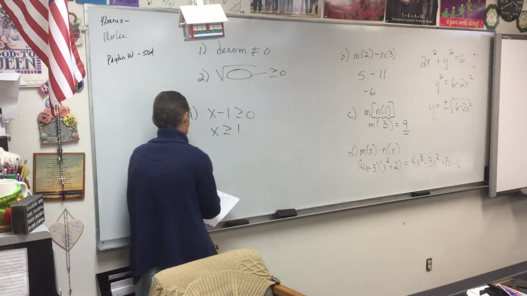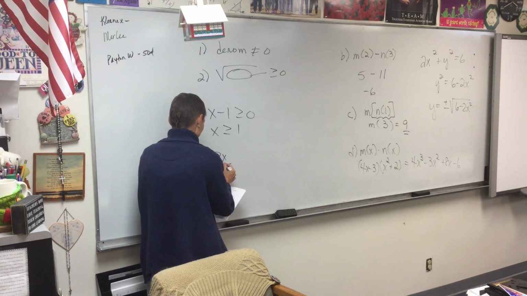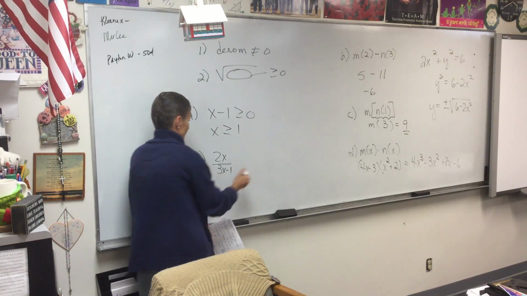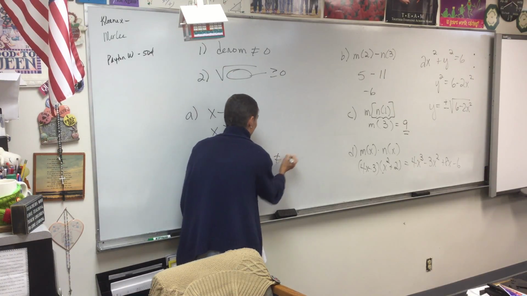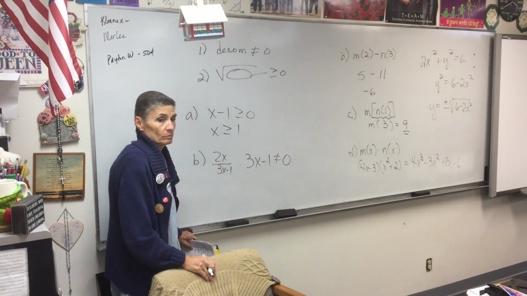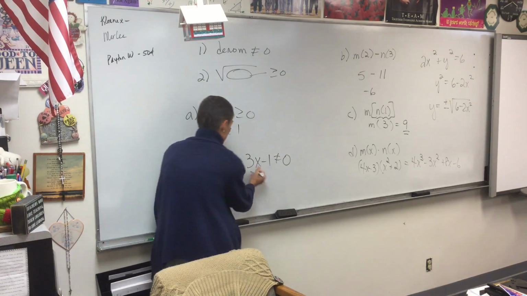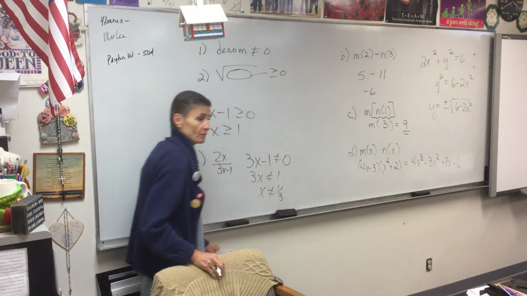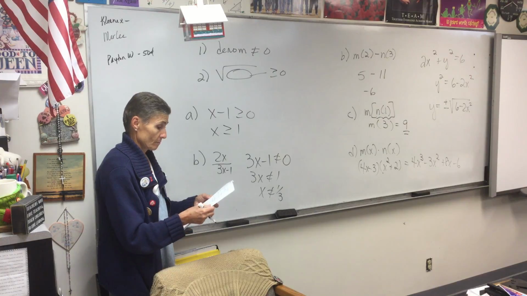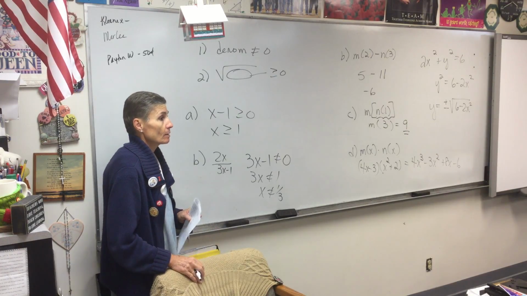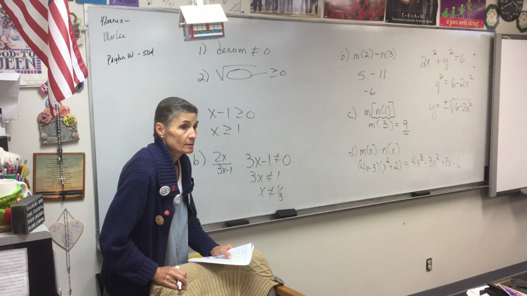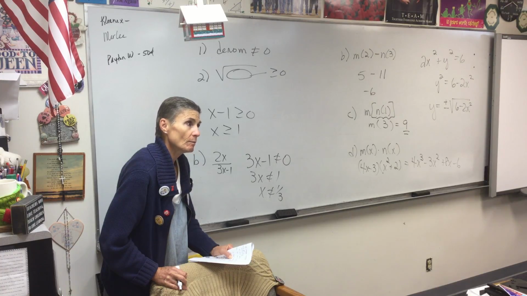B, it has a fraction. What's the rule for fractions? Denominator cannot be 0. Which means 3x cannot be 1 and x cannot be 1/3. What about C? Oh, come on now.